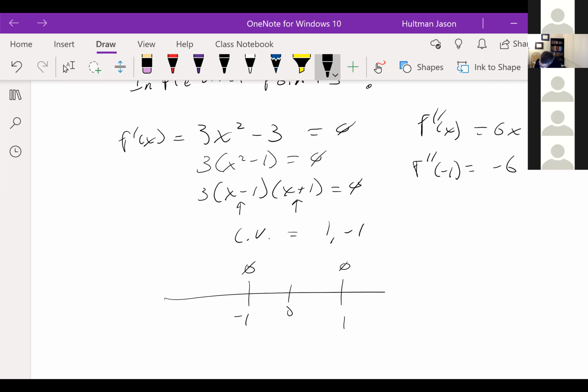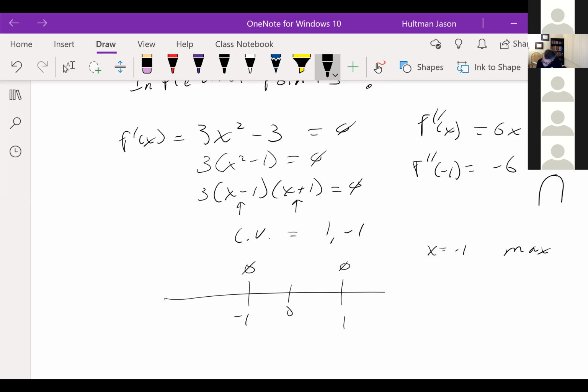So this is concave down, which should tell me that at negative 1, what do I have? Do I have a max or a min? Max. I have a max, exactly. So when x equals negative 1, I have a maximum value.